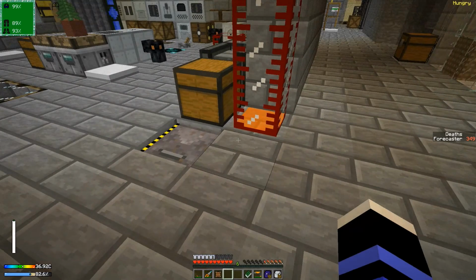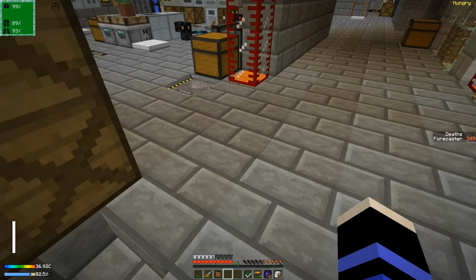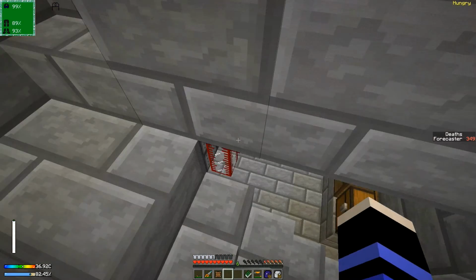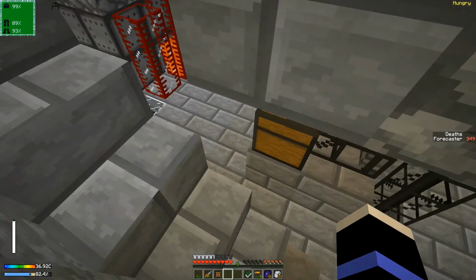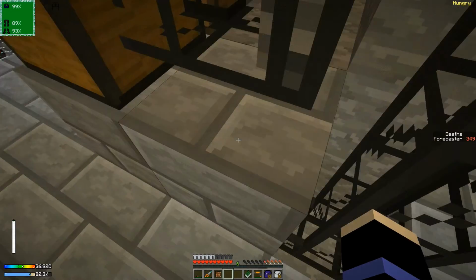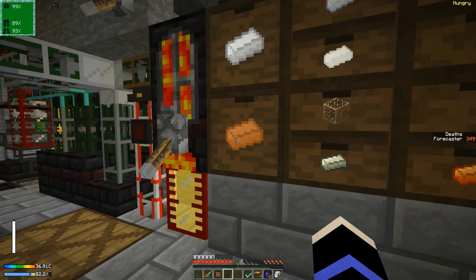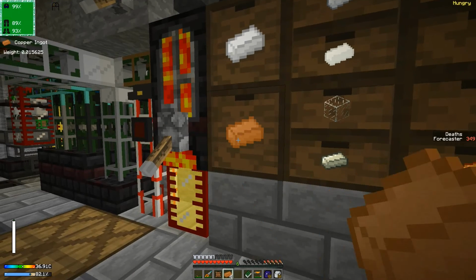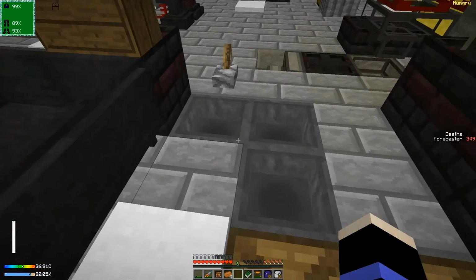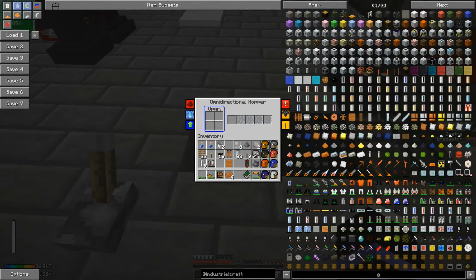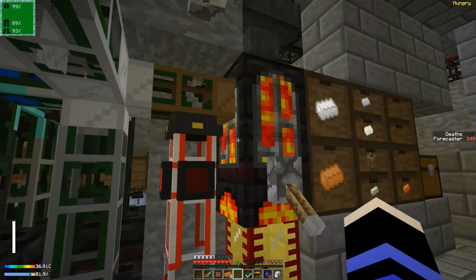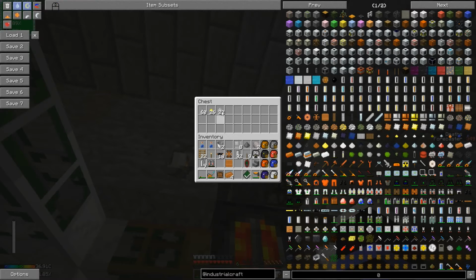Yeah. I should really have the ores come up, or the ingots come upstairs, shouldn't I? Have these drawers up there instead, so I don't have to run downstairs all the time. Be a little more convenient, I think.